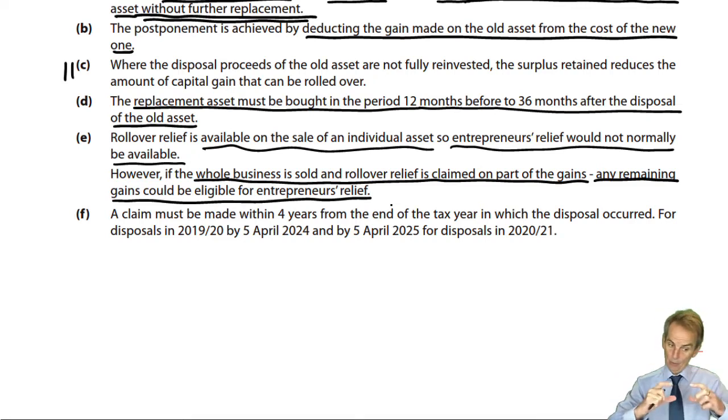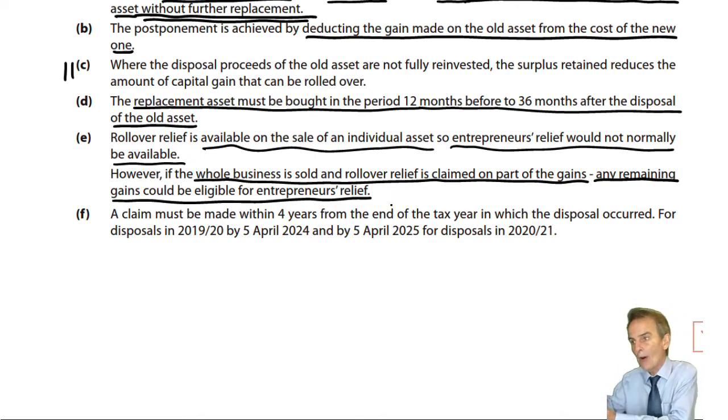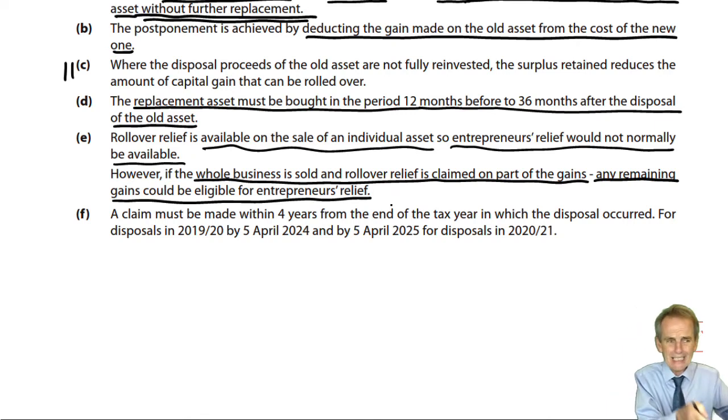So there might be a property which is a part of the overall trade being sold, and you are then going to take all of your proceeds, some part of which is attributable to the property, and start another business. And therefore you could claim rollover if the amount that you buy your new property for your new business is at least covering the sales proceeds of the old one.